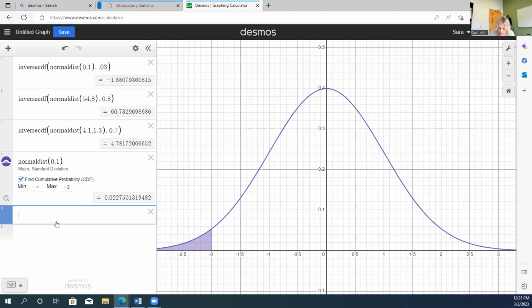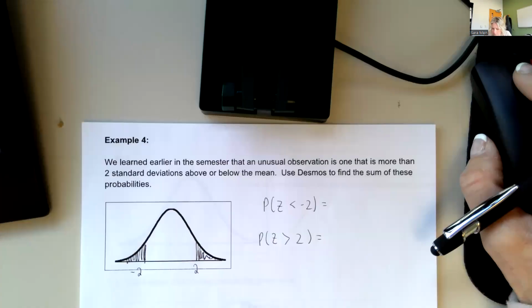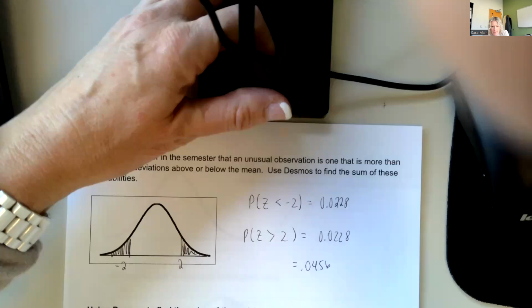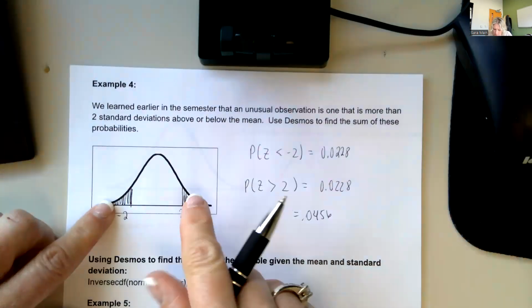And if we multiply that times 2, we get almost 5%, so 0.0456. And that's why we call it unusual, because it rounds to 0.05. So anything outside of here is considered unusual.